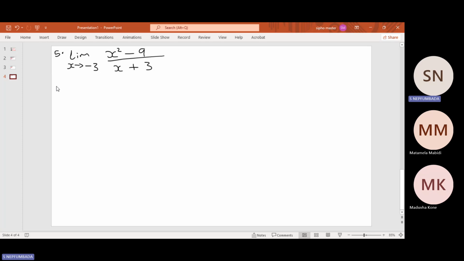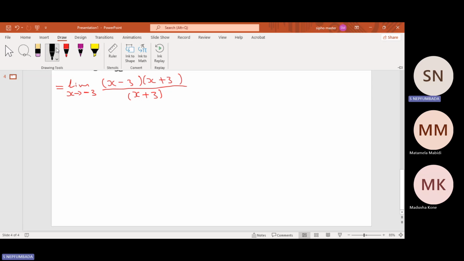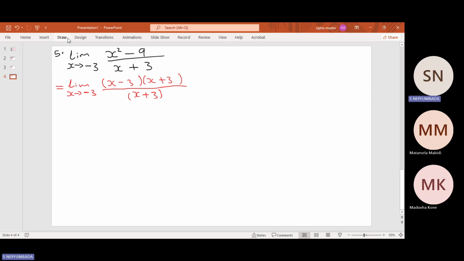Okay, it means here this is equal to the limit of x approaches -3. This is x minus 3 and we've got x plus 3, and that one and that one are going to cancel.